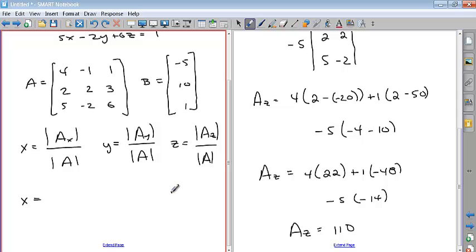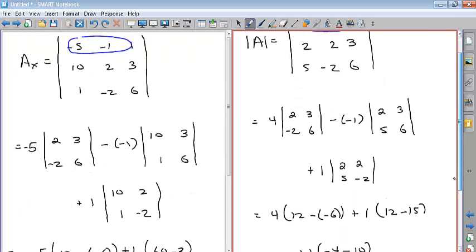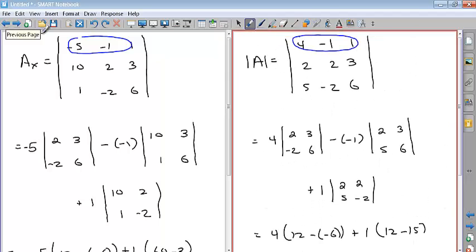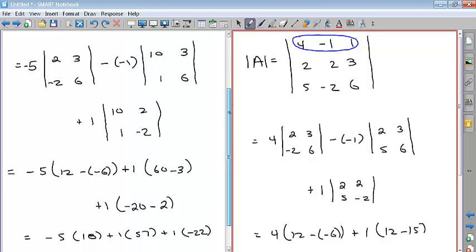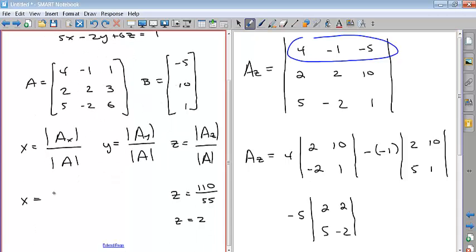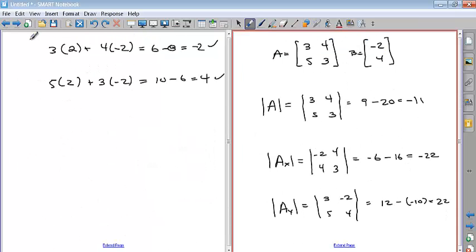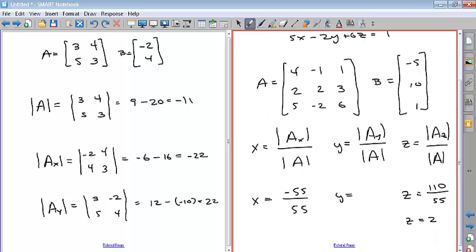So e sub z, this was 110 divided by 55, which is 2. a was positive 55. a sub x is negative 55, so we get negative 55 over 55. a sub y was 165, so we get 165 over 55.